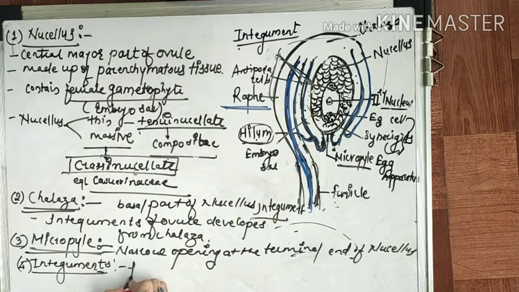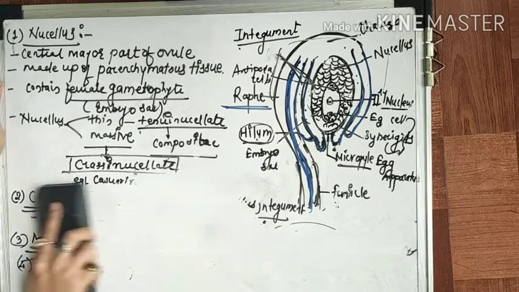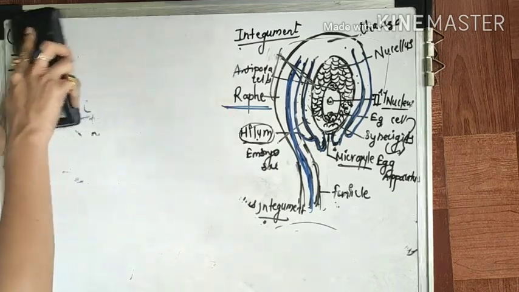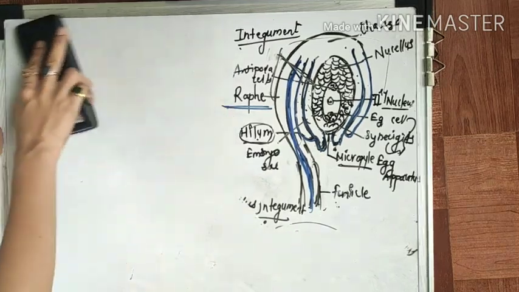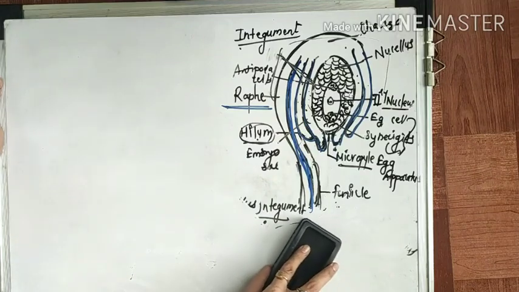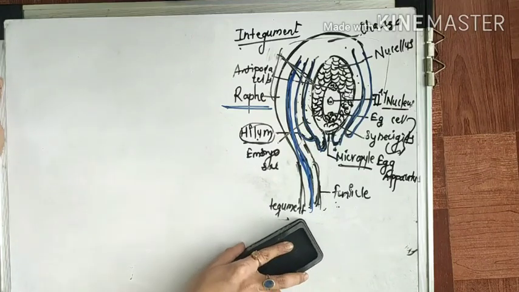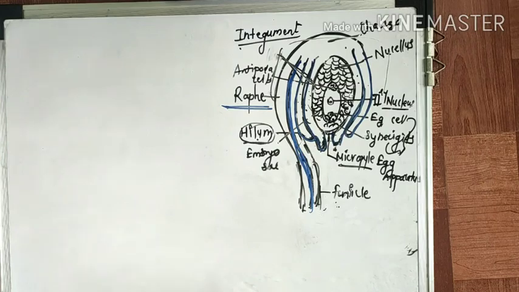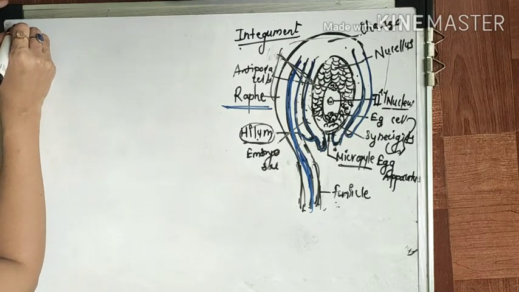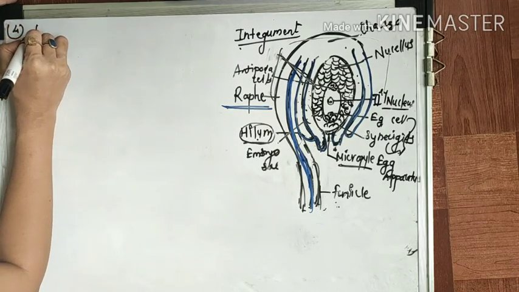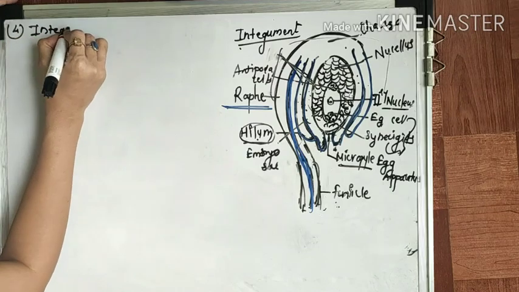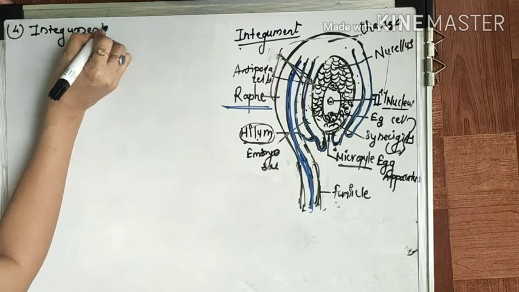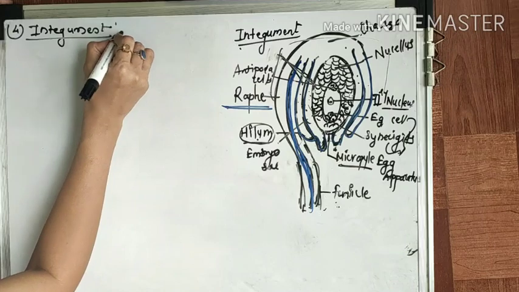So we will start with this fourth structure, called the integument.